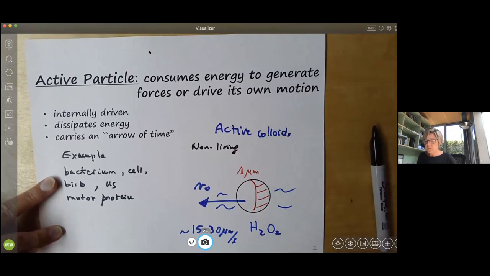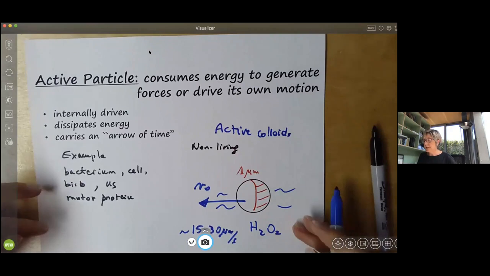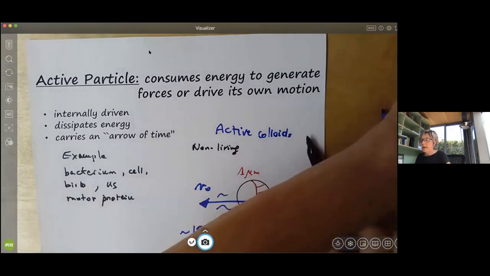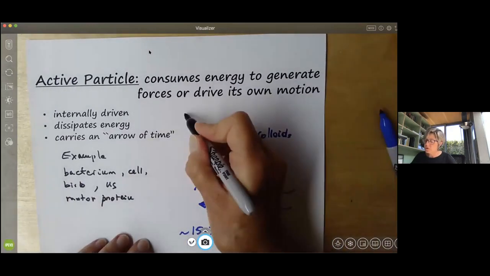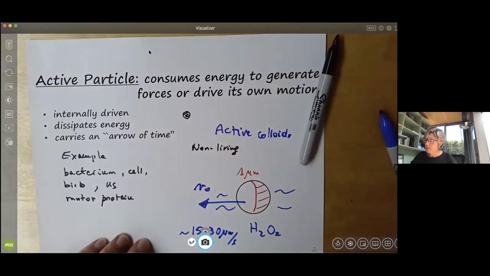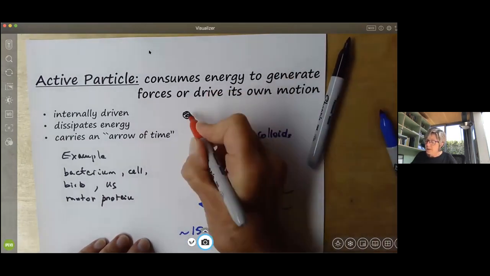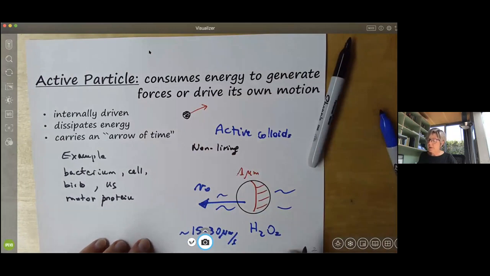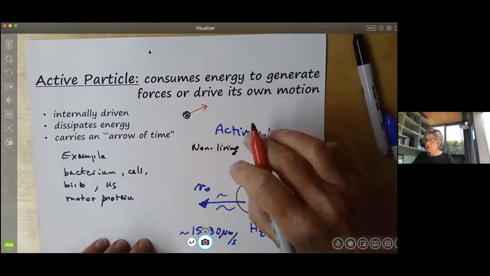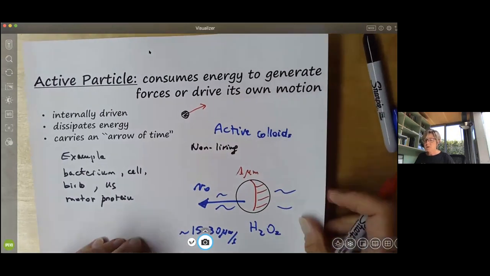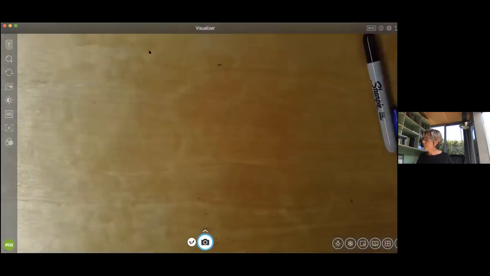So again, an active particle is any entity that is internally driven, generates its own motion by dissipating energy, and of course, as a result, carries what we could call an arrow of time. Because of this self-propulsion speed, the dynamics of an individual active particle is not time reversal symmetric, and the particle travels in a directed fashion. So that's an active particle.